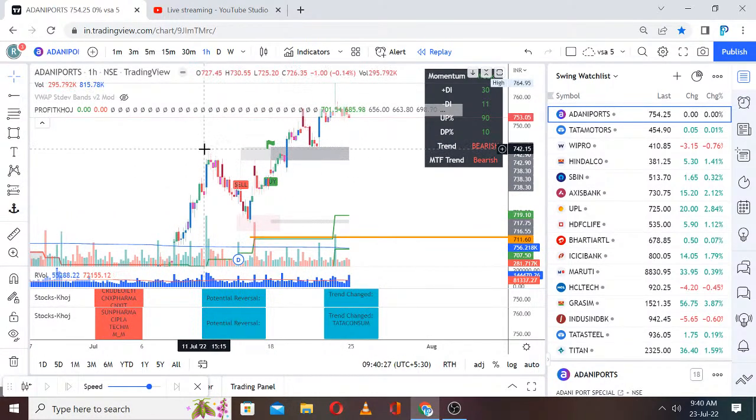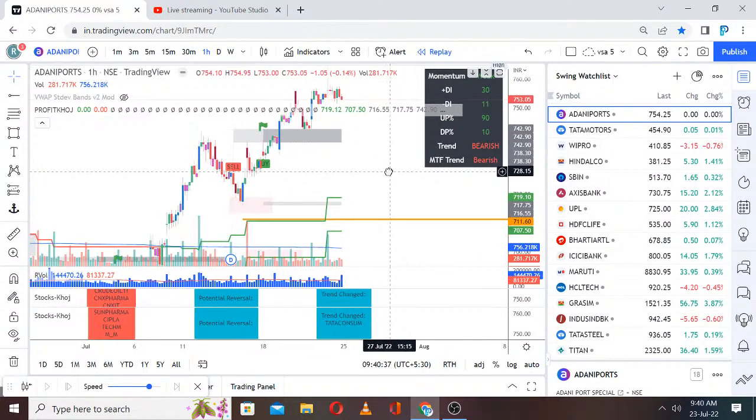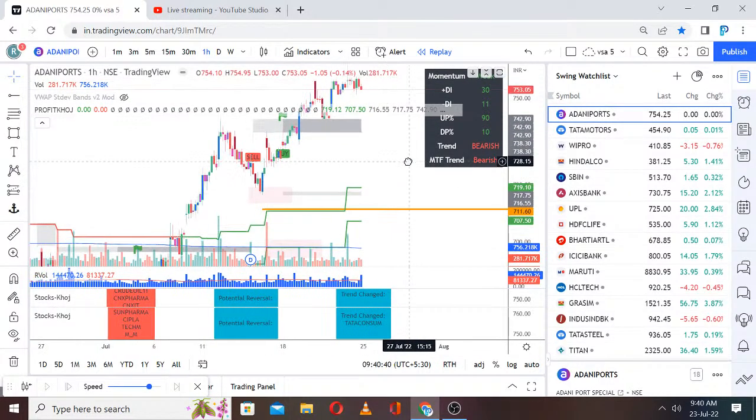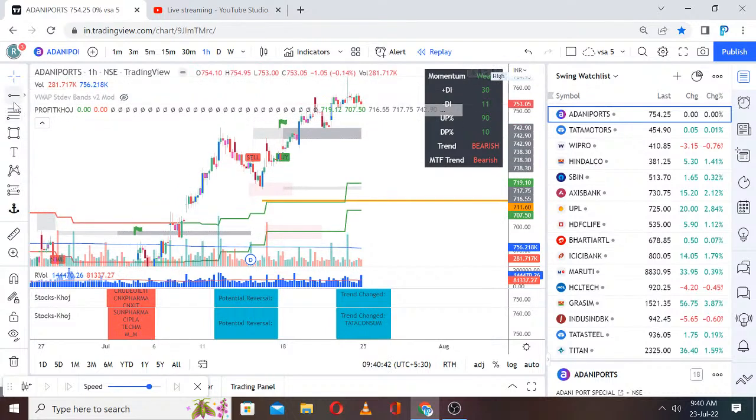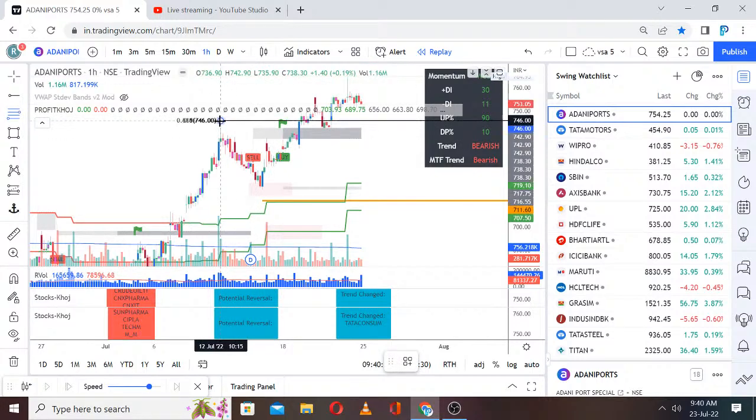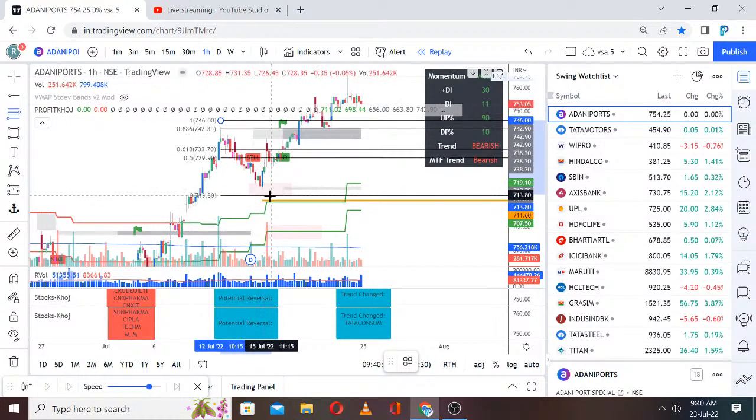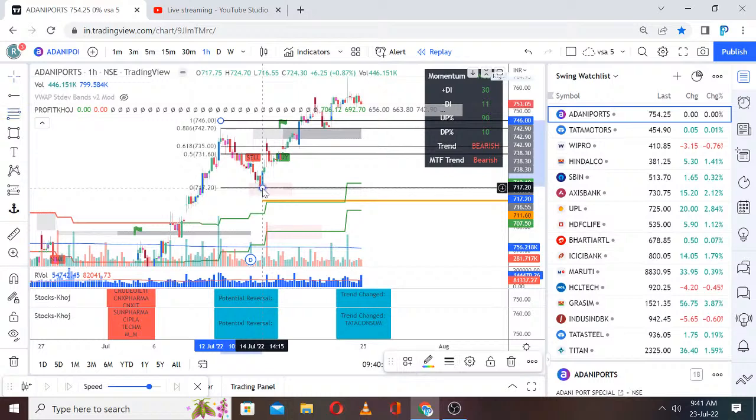Obviously the top of the swing is the obvious target. I recommend booking some profits here. Also, what you should do is make a reverse Fibonacci. Now this area is critical.